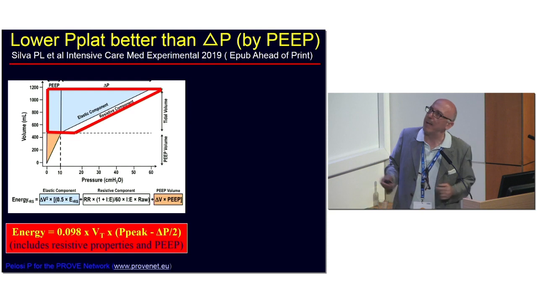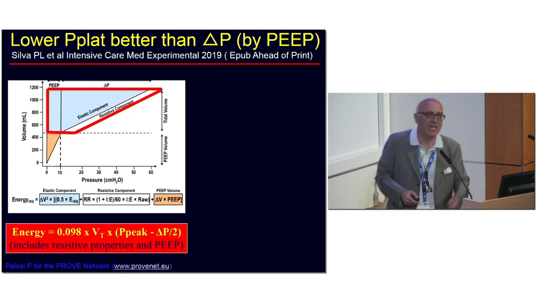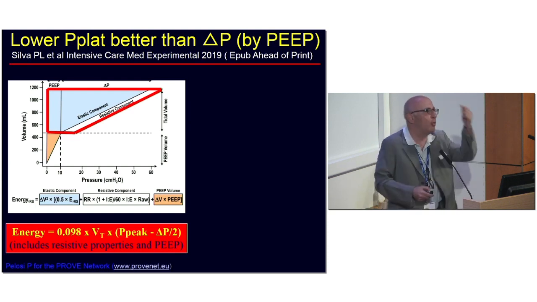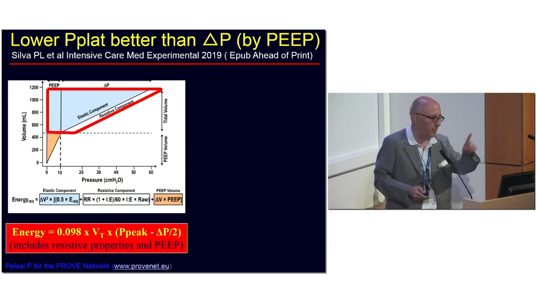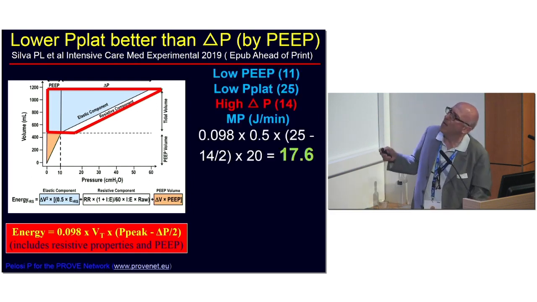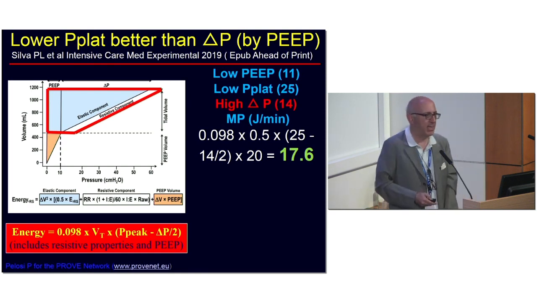Then we give you another example, that lower plateau pressure is much more important than reducing the driving pressure if you increase the plateau pressure. Look at that. Now you have a case with relatively low PEEP 11, plateau pressure 25, very high driving pressure, which is within the limit, at 14.5, and 20 respiratory rate. You have 17.6.